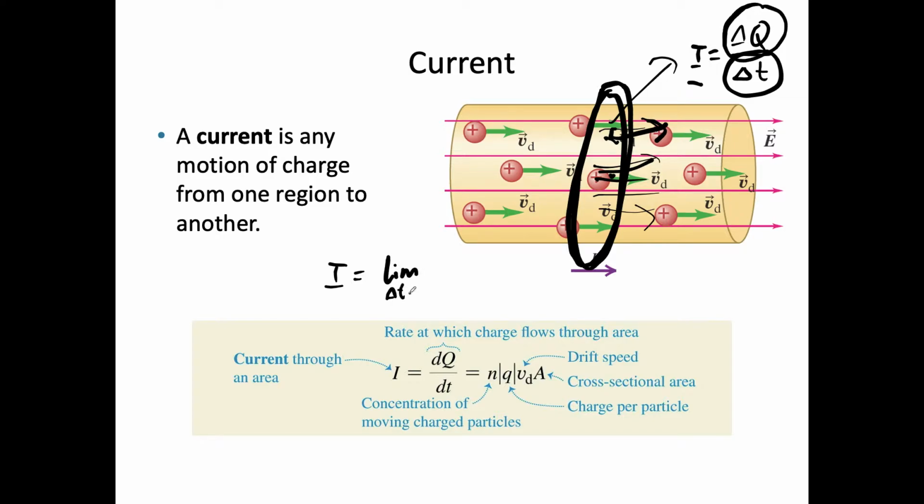What if your delta t goes to 0? Then of course it becomes a derivative, dq/dt gives me I. You can also write it as delta q over delta t.